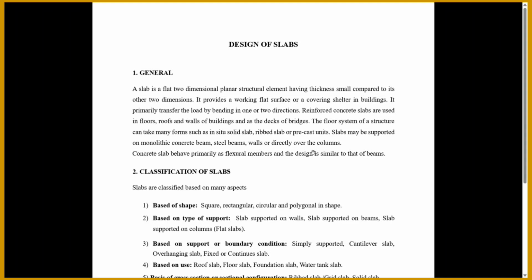The floor system of a structure can take many forms: cast in situ solid slab, ribbed slab, or precast units. Slab may be supported on monolithic concrete beams, steel beams, walls, or directly over columns. Also, the concrete slab behaves primarily as a flexural member and design is similar to that of the beam.